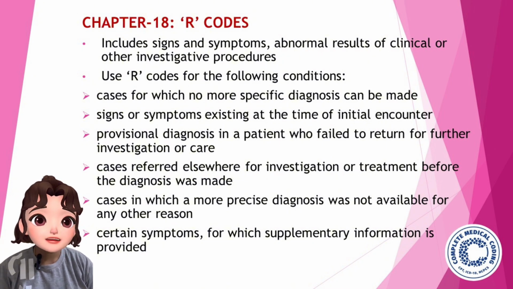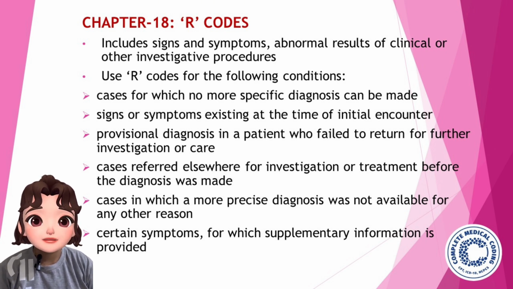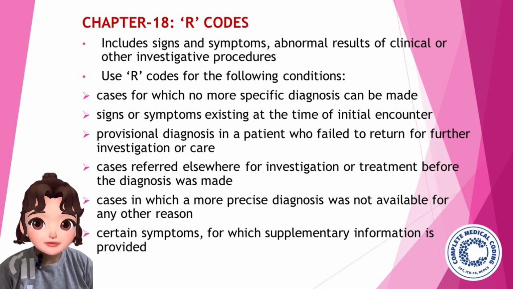So in that case, the doctor cannot put an exact, confirmed diagnosis, because he cannot find it out. So he should use the R code, okay, because only signs and symptoms can be marked for the referral.